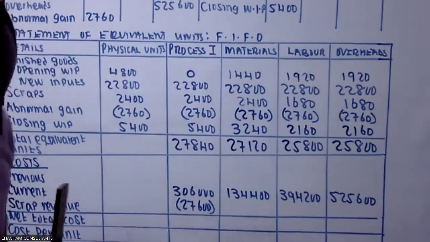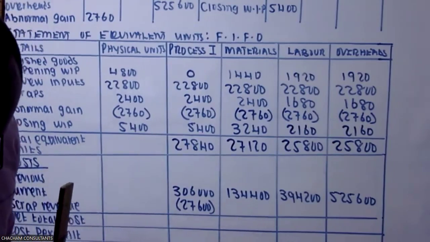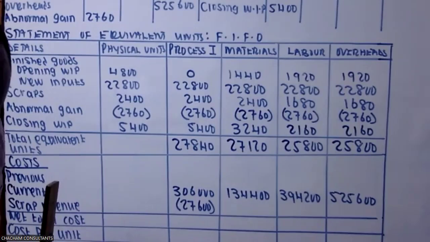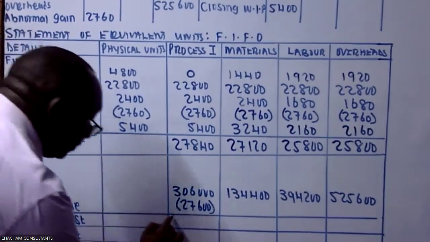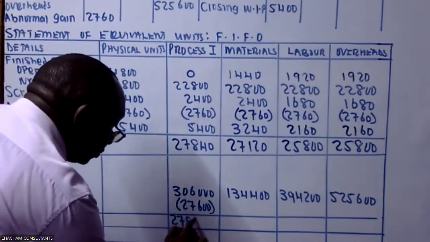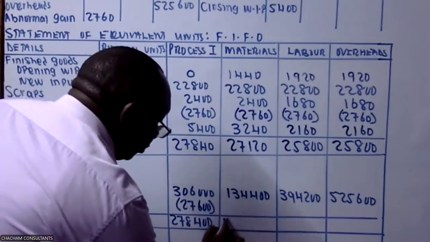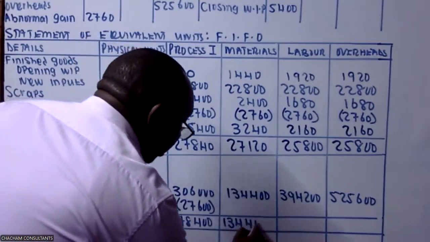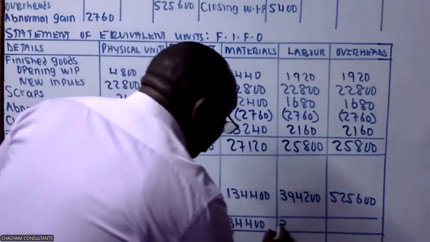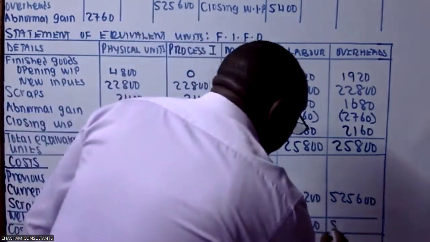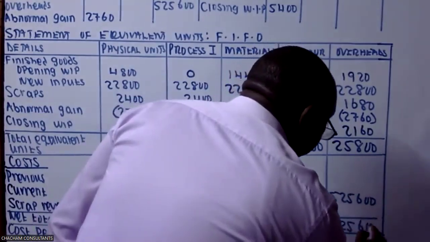So unasema ni 306,000 minus 27,600, 278,400. Then sasa hizi hakuna kitu imetolewa, 134,400, 394,200, 525,600.